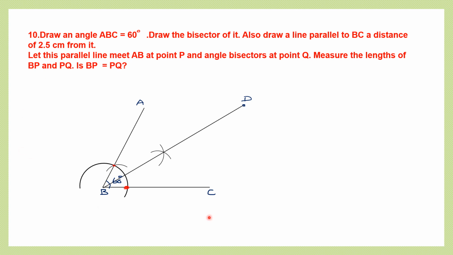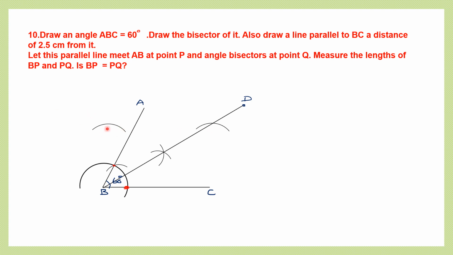So take that on your compass, place your compass needle at B and draw an arc. Similarly, place it at C and draw an arc. So placing it at B, you've drawn an arc, and this is 2.5 centimeters from B. Keep that same measurement at point C and draw one more arc. So now we have two arcs.